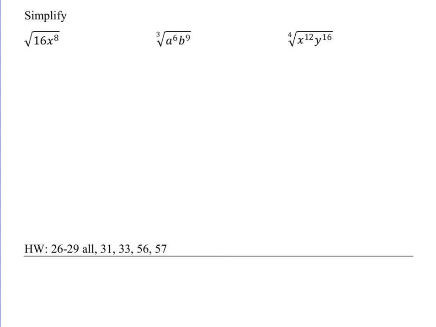We have 3 more problems, and then we're done with the section. The square root of 16 to the x to the 8th power. What do I need to do? Not dividing anything. It's a square root, so I'm rewriting everything as things squared. So this will be good.